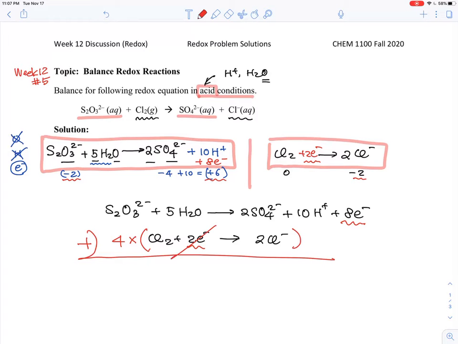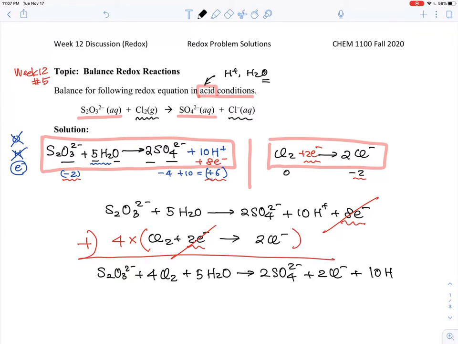First of all, the electrons are gone, and then I just need to write the final equation, which is S2O3 2 minus, and then chlorine first, 4Cl2, then 5 water, H2O, becomes 2SO4 2 minus, 2 chlorine minus, and then 10 H plus.